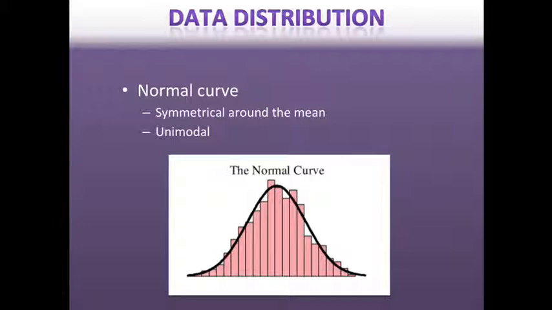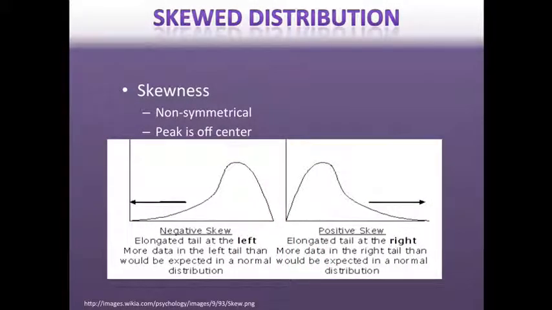So, for a lot of data, you really need to know whether or not it actually fits the category of a normal curve. Because if it's skewed, you actually can't do certain types of statistical tests with it. So skew is when you have something that is skewed off to one side or another. So the negative skew, for example, is where the tail comes off to the side on the left.